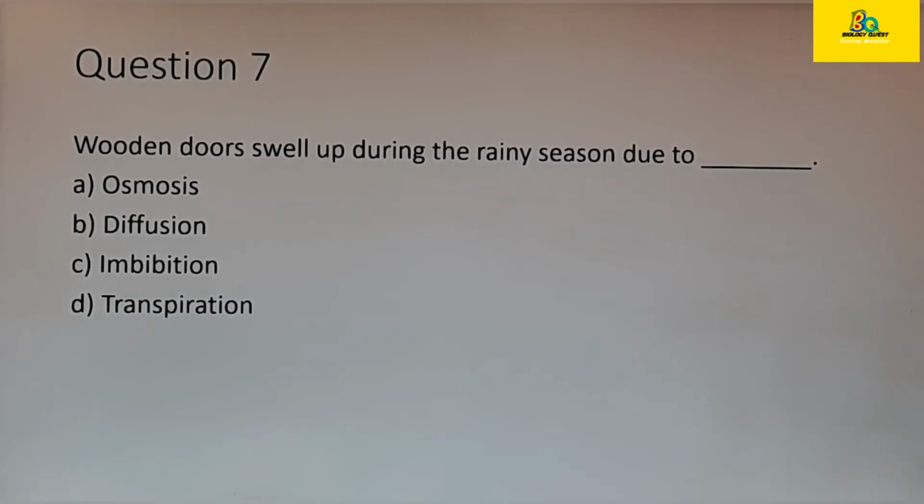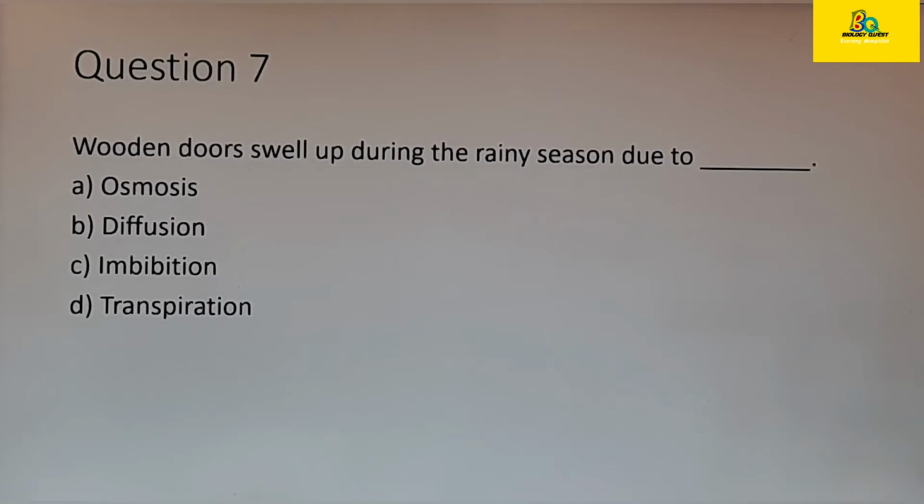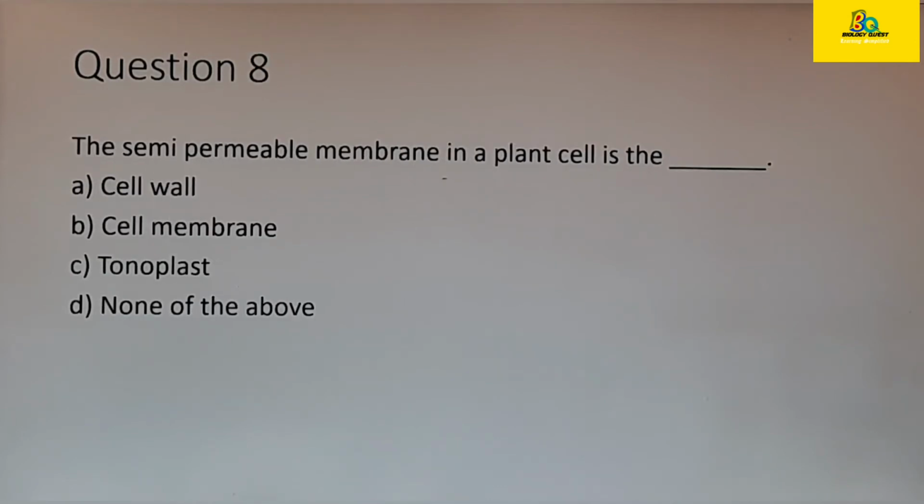Attraction to the surface is called adsorption, and this process is called imbibition. So the swelling of wooden doors during the rainy season is due to imbibition. Answer is imbibition.